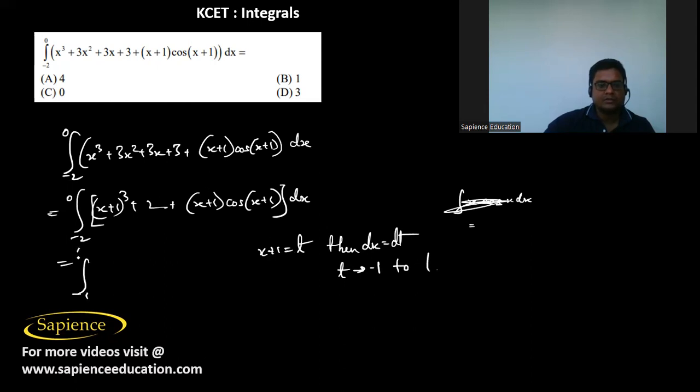So this will be minus 1 to 1, t cube plus 2 plus t cos t dt.